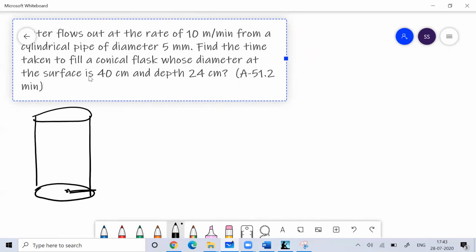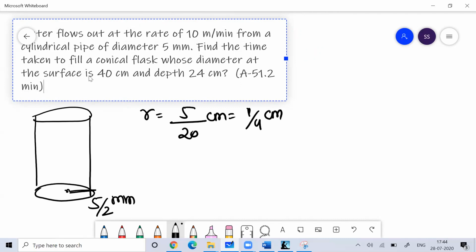So I can take the radius as 5 by 2 millimeter, or the radius I can take as 5 by 20 centimeter, or the radius is 1 by 4 centimeter. This is the radius, and you can see the length. So that gives you the height per minute.